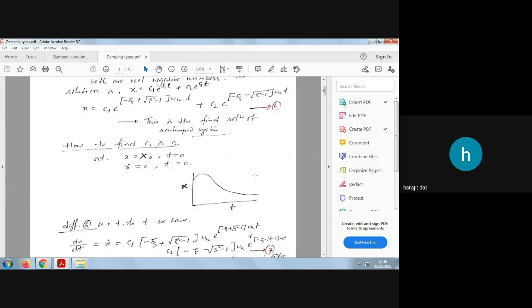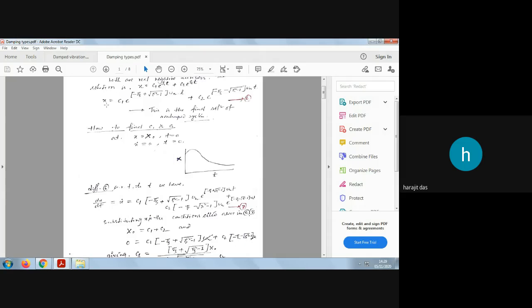So now we will be differentiating, because we have got the value of x dot, the velocity. We will differentiate this x with respect to t to find the velocity expression, because this is the displacement expression.